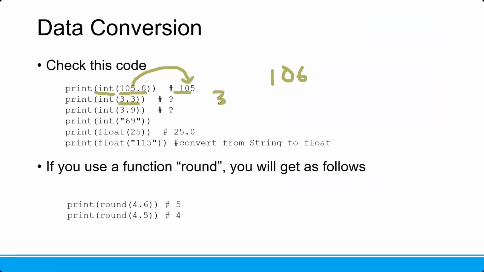It is 3. Integer 3.9, 3. Integer of "69" with string, it is 69. Float 25, okay, this is the result. Float of "115", so it is conversion from string to float. The result is 115.0.